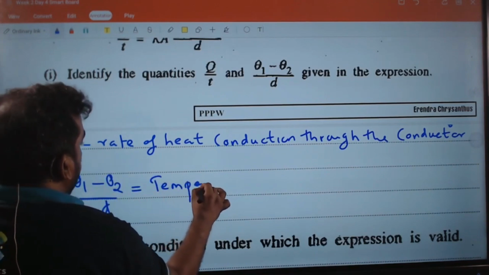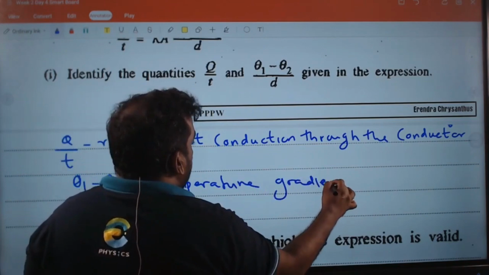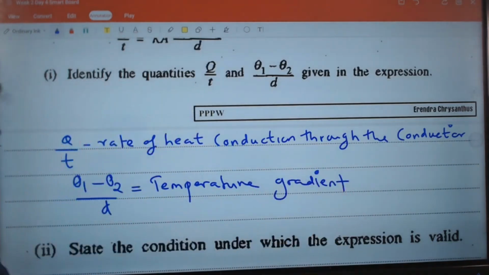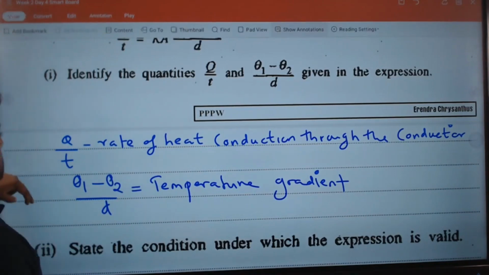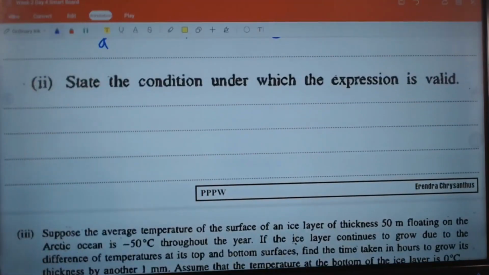Temperature gradient. State the conditions under which the expression is valid.